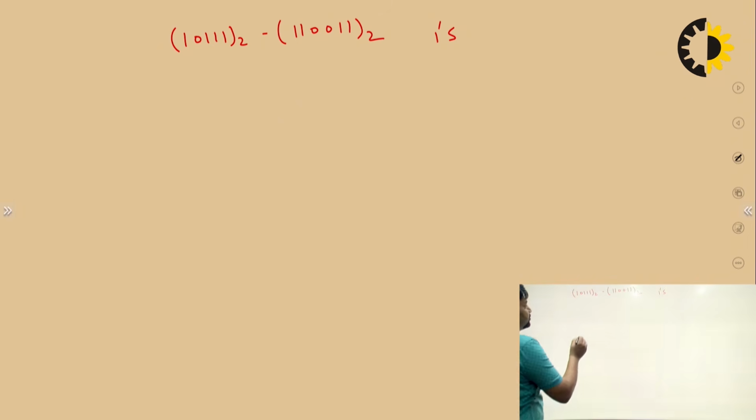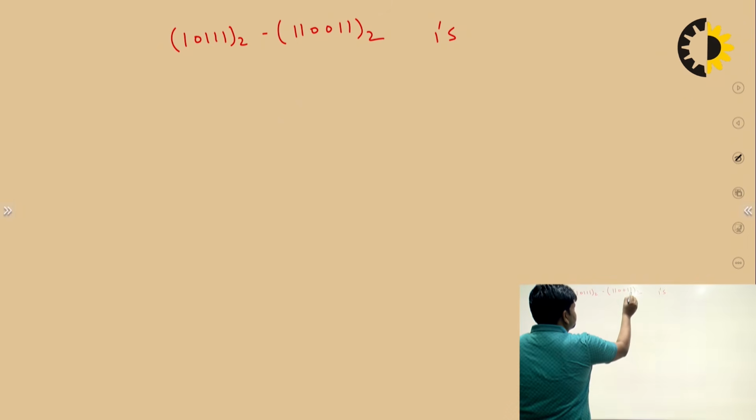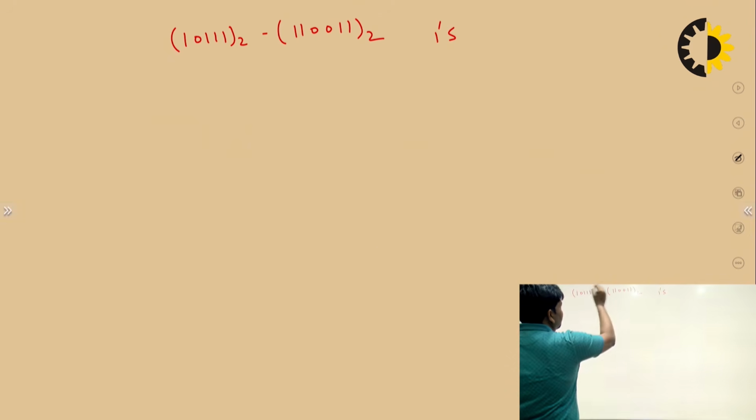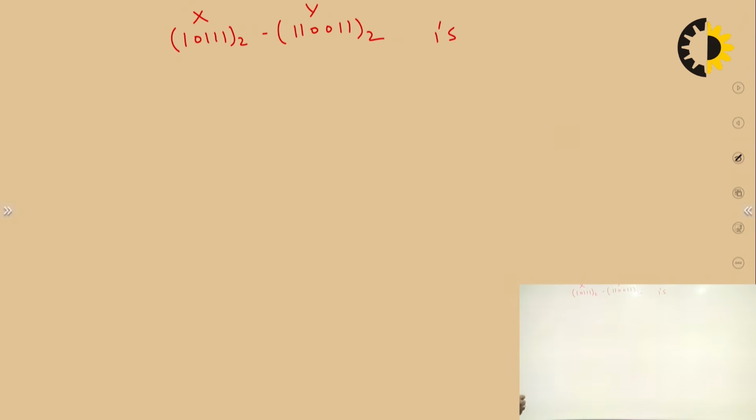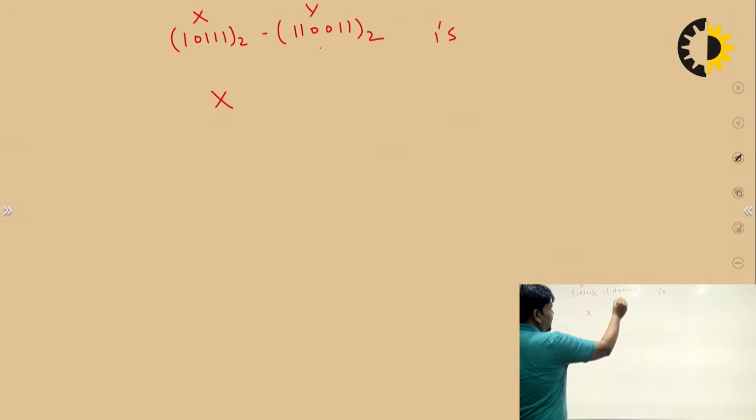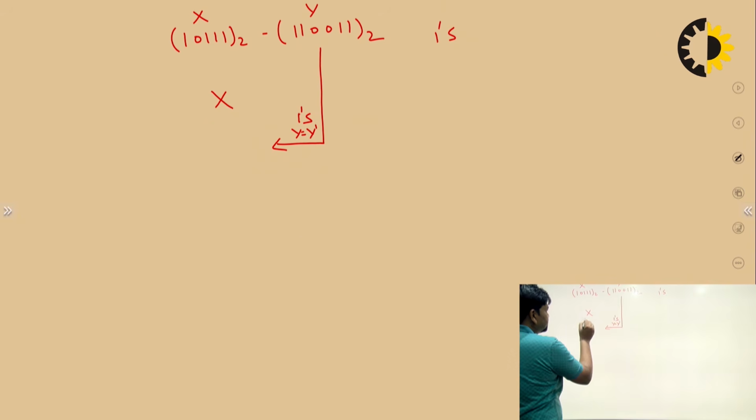First of all, you have to check how many digits are to be represented in that particular term. Suppose this is x, this is y. So how do we calculate this? By using the 1s complement method. x is written as it is, and you take the 1s complement of y, which is represented as y dash. So y dash we calculate by using the 1s complement method.